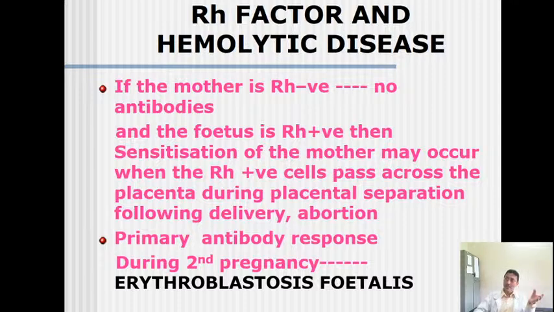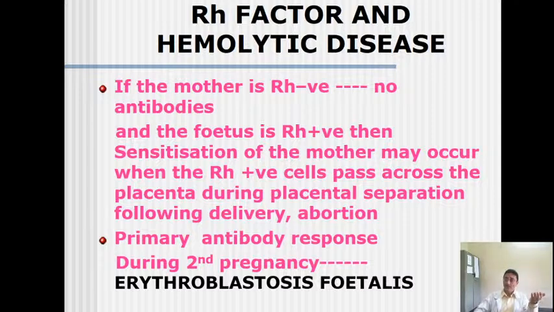This happens for the first time during the delivery, and the mother receives the fetal Rh positive cells. The mother's body recognizes this as a foreign body because the mother is Rh negative, and then the mother will develop an immune response and start developing antibodies against the Rh antigen, which is present in the fetal cells.